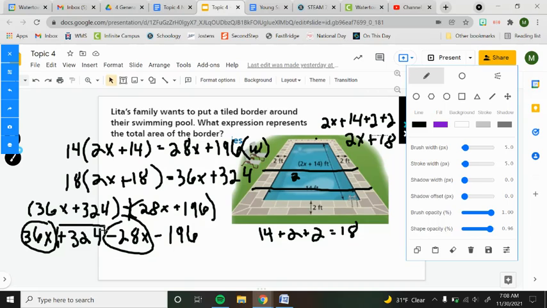And we've got positive 324 and negative 196. All right, so we've got 36x minus 28x, which is 8x. And then we've got 324 minus 196, which is going to get us positive 128.